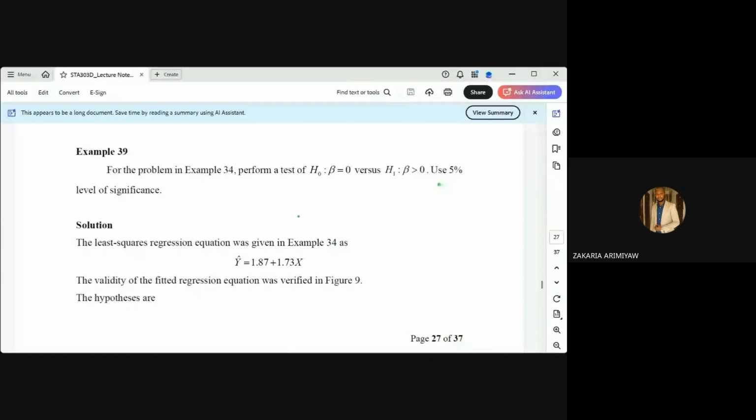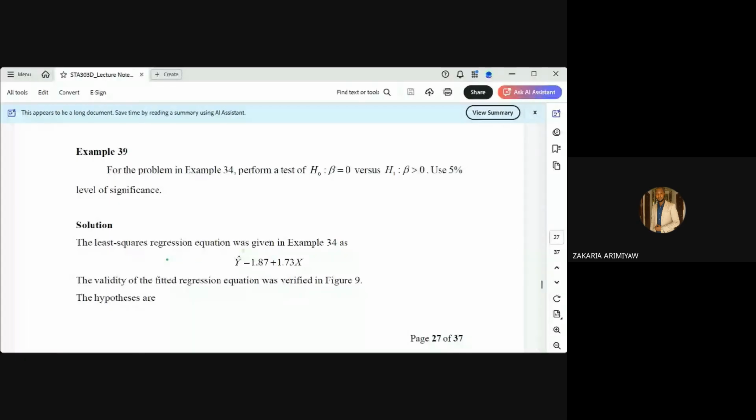So we conduct the test at alpha equal to 5%. Now, as stated in the procedure, when we are given the problem, we need to estimate the least squares regression. We find the alpha and the beta values, more importantly the beta value, because that is what goes into the hypothesis test.